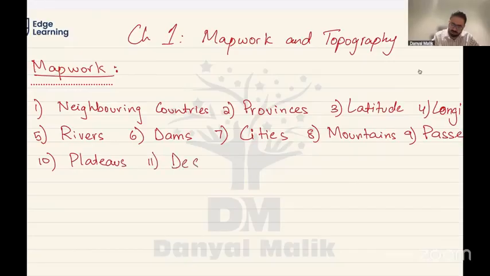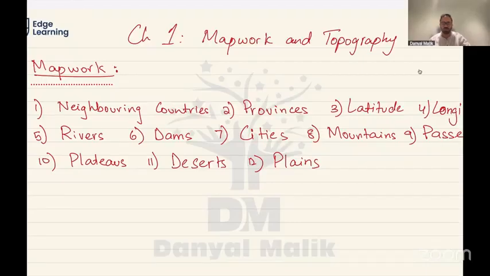Then deserts. And then plains. These are the 12 main elements of your map work.